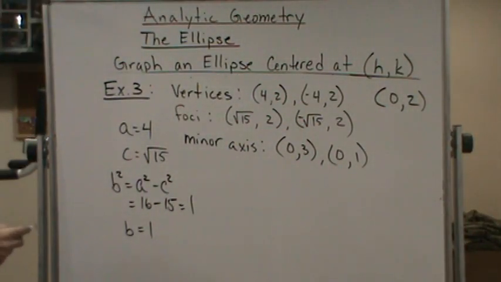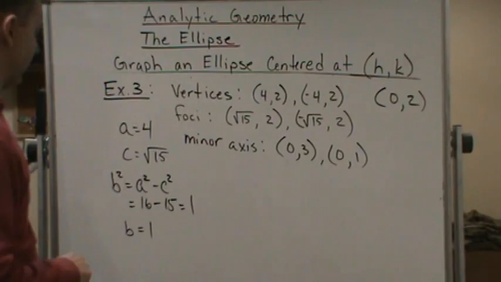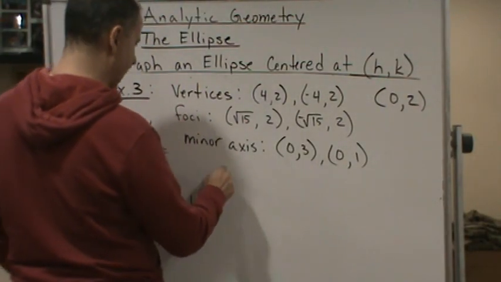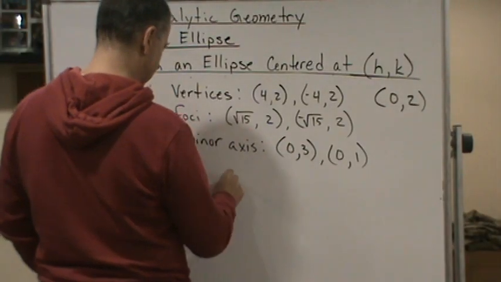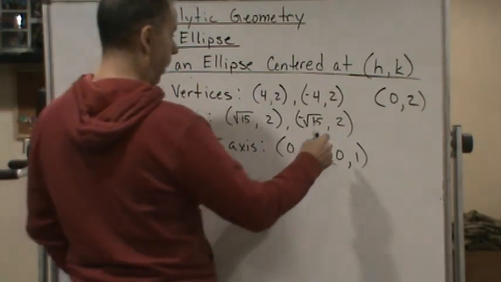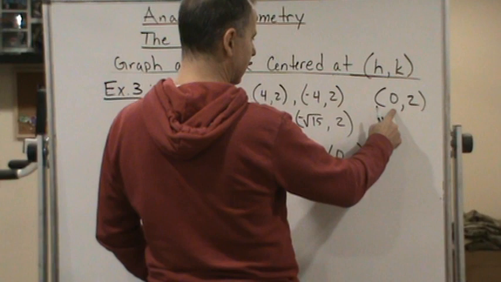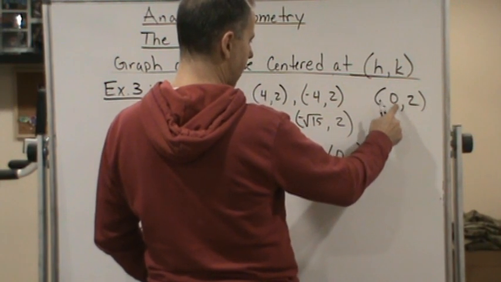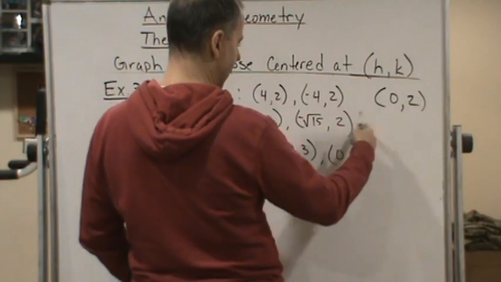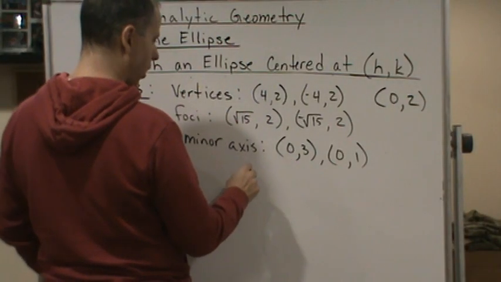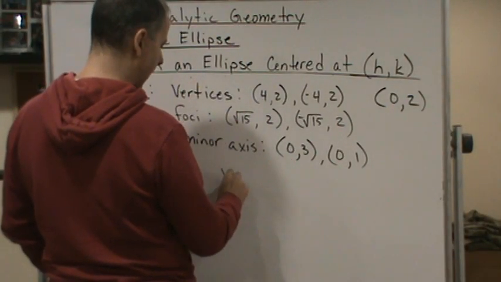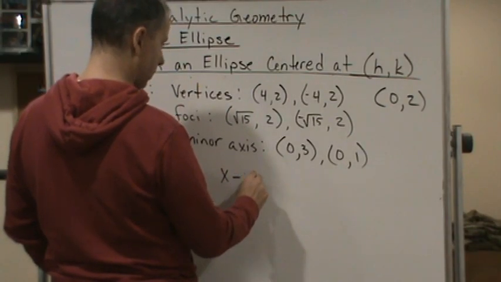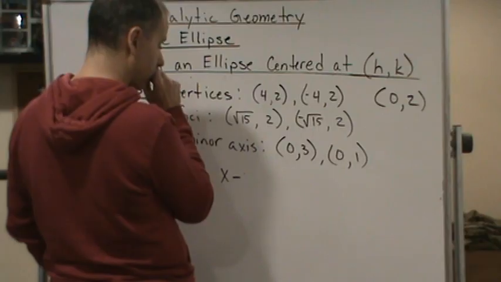Okay, but here's the thing. Let's find out what the form is. Now we've got the center. It's on the y-axis, so x is going to be 0. Hold on a second.